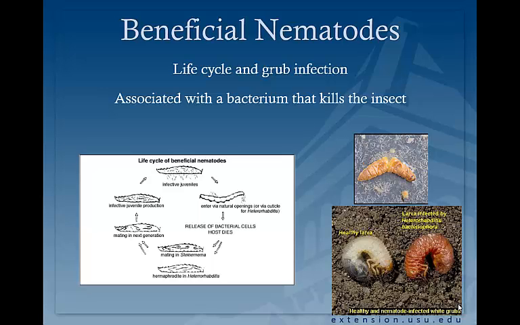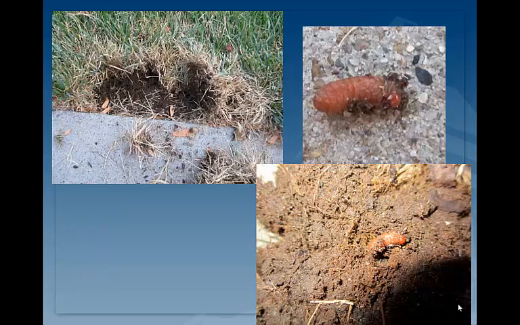And so here's a healthy grub versus one that was infected by a nematode. Now, what I wanted to point out here is a lot of these different beneficials are already resident in our yards, in our gardens, maybe at not the levels that we want them to be, but they're around. For this person, I just told them that if they started to see some of these brown spots, that actually might recover if you have these beneficial nematodes already in your soil.